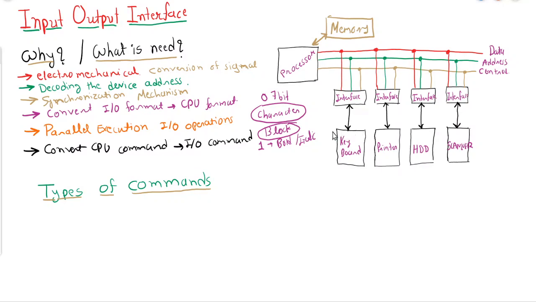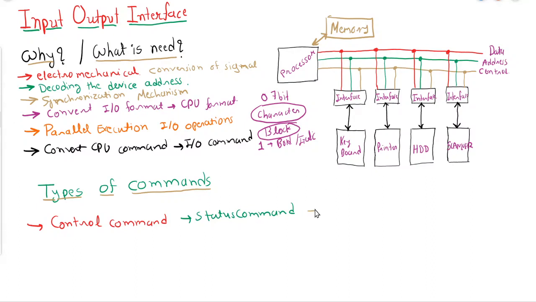Next topic: types of command. We have various types of command. Let me list down all the commands. The first command is control command. The next command is status command.